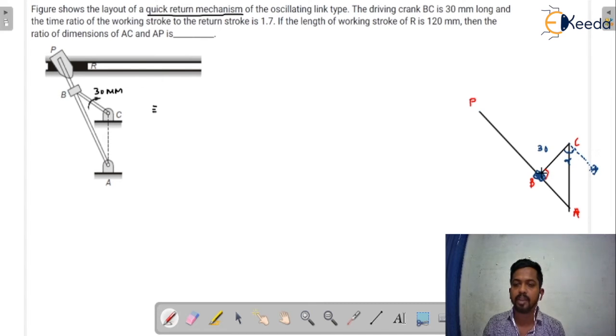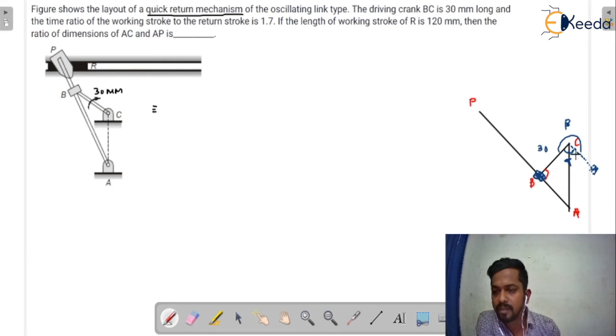When you go from here to here, that is the cutting action, and from here to here, that is the return stroke. So you can say alpha is less than beta, because we want to minimize the time for the cutting operation and not waste time on the return process. This is alpha, and this angle is beta. So here you can see beta is greater than alpha.